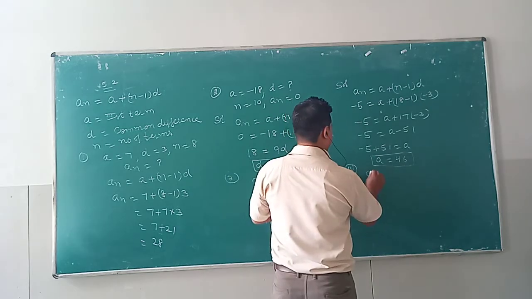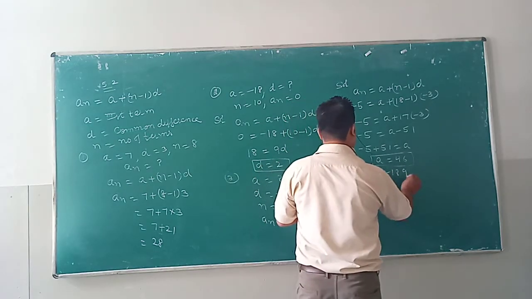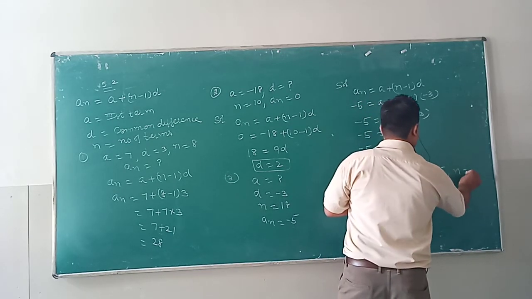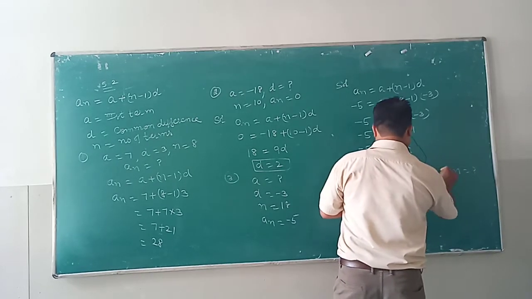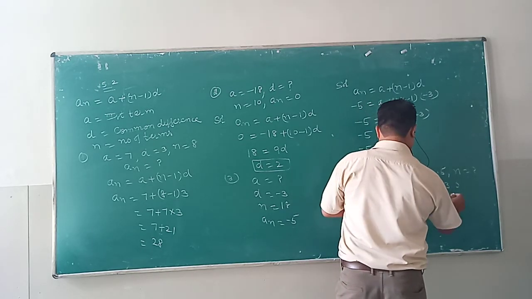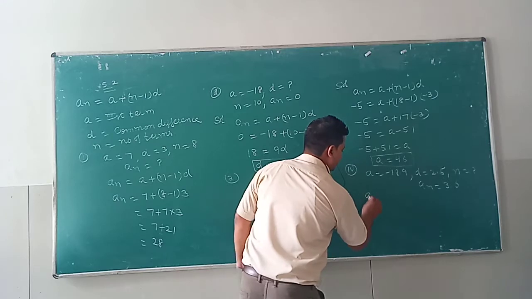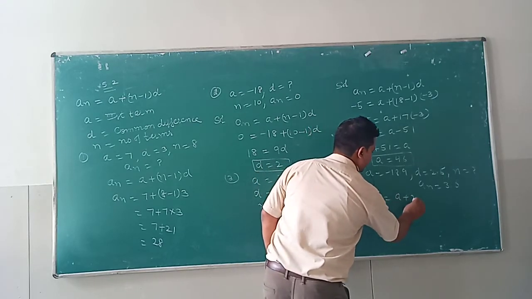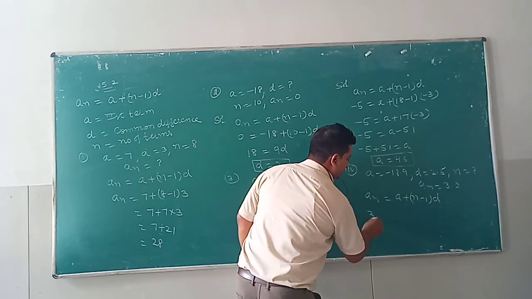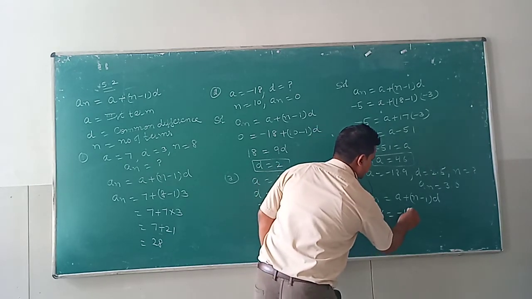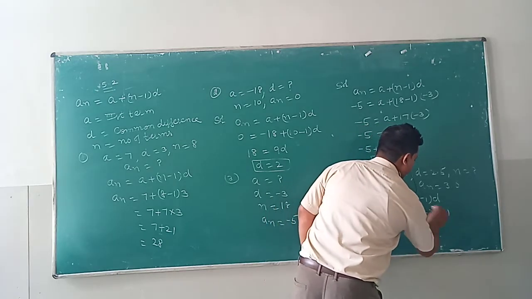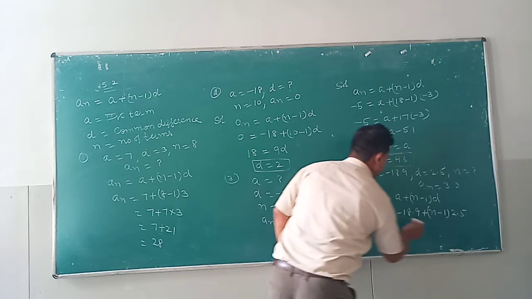In the fourth part, a is equal to minus 18.9, d is 2.5, n is required which is to be determined and an is 3.6. So the formula is an is equal to a plus n minus 1 into d. So an is 3.6, a is minus 18.9 and n is required, d is 2.5.